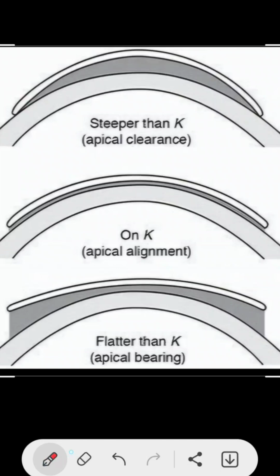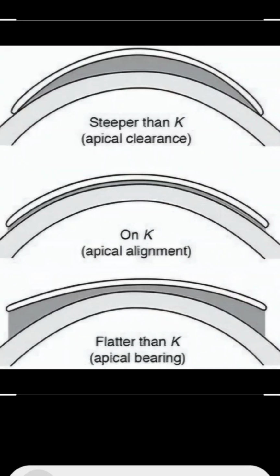All right. So for you to understand what was happening in SAM and FAP, we had to understand this diagram here. In this diagram, it's just showing us how a steeper lens looks like. And steeper than K means that the base curve is steeper than the flattest K. K is the surface of the cornea, and this is the posterior surface of the contact lens.